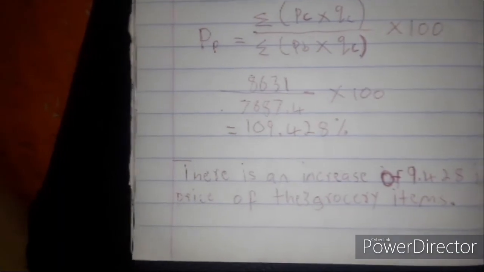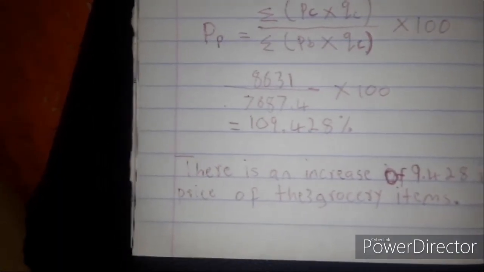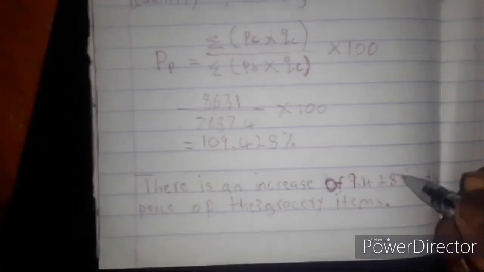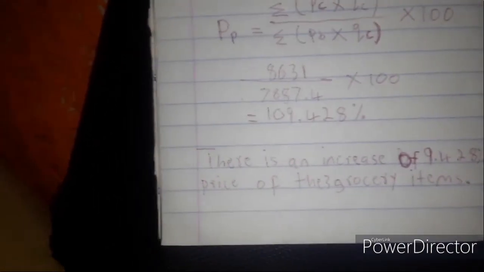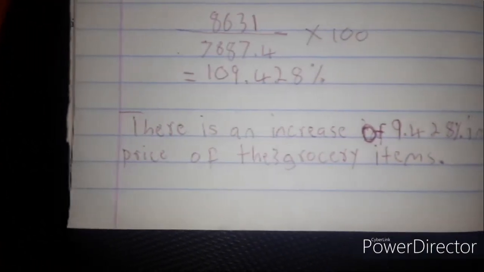Excuse the writing. So there is an increase of 9.428% in the price of the three grocery items. So my work here is done.